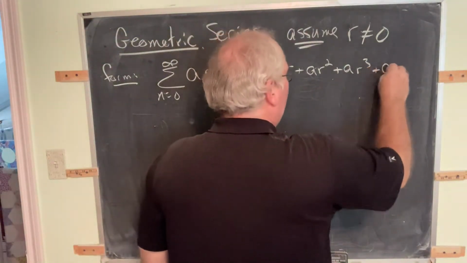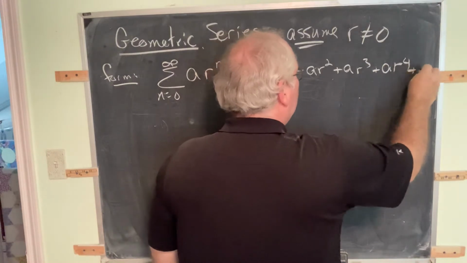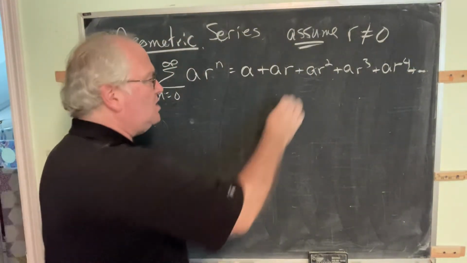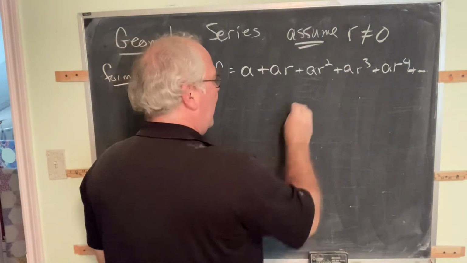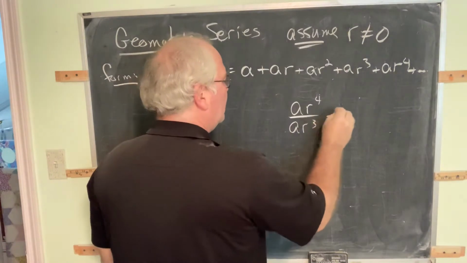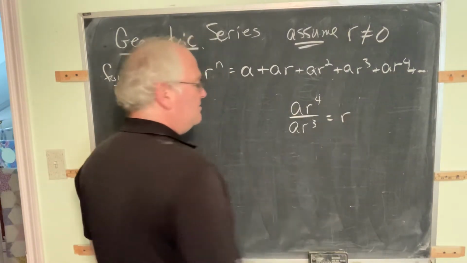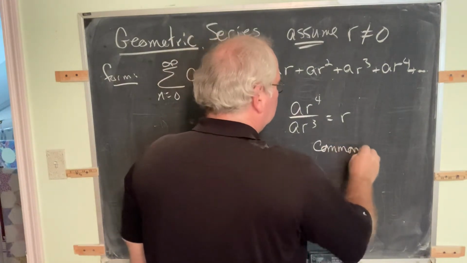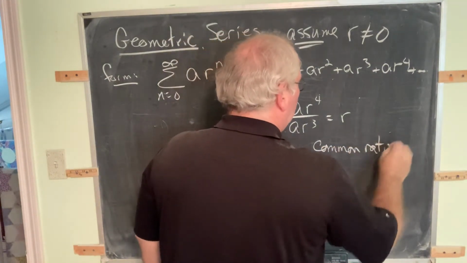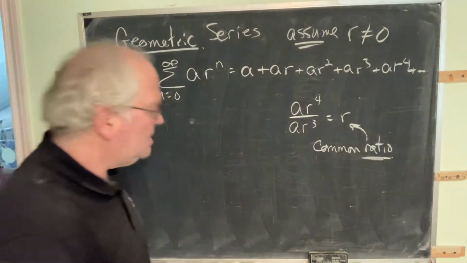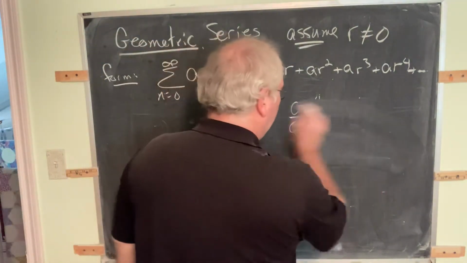And then you multiply by r again, and you continue. If you take any two consecutive terms and divide them, you get r. This is called the common ratio, and that's why the letter r is chosen to represent it. That's not a particularly big deal for us, but there it is.